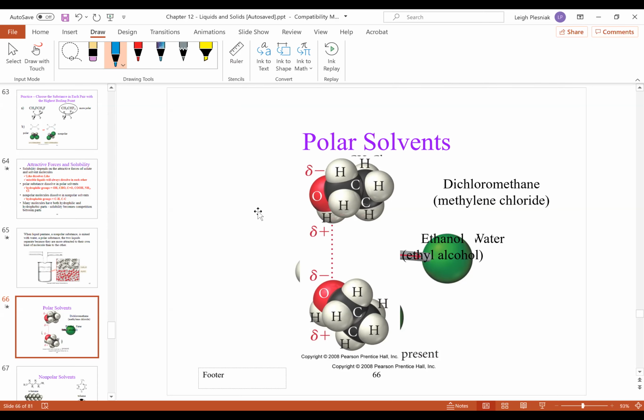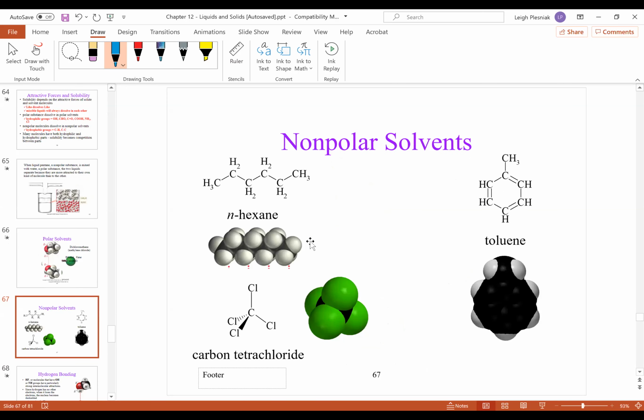It's really high. I don't know. When two liquids completely mix, we call them miscible, and alcohol and water are miscible. Polar solvents. Non-polar solvents look like this. This is hexane, toluene, and carbon tetrachloride. So they are going to tend to dissolve non-polar molecules.